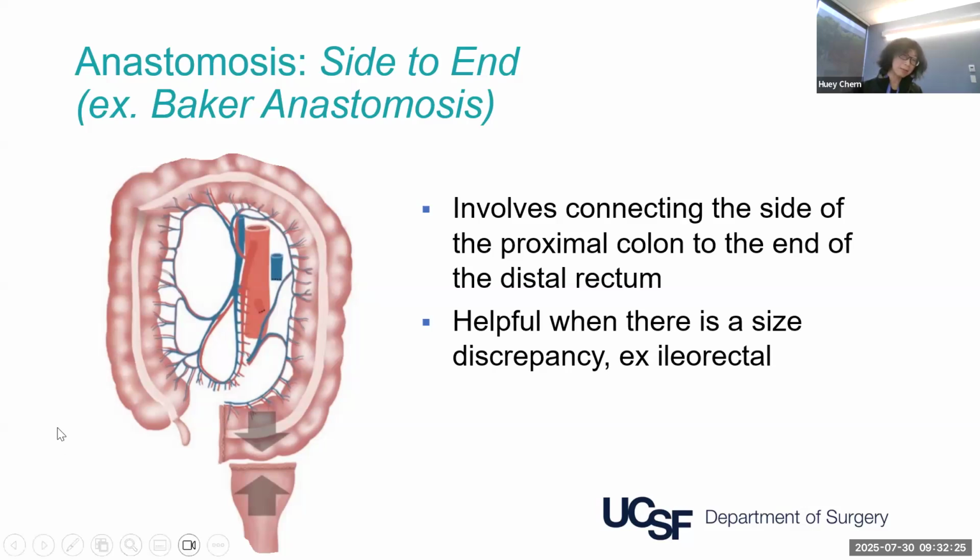Of course, the staple line is not always going to be right against the circular staple anastomosis. There may be a slight couple centimeters, or like 5, so you may have to look into that limb to see the colon in its entirety. So that would be a side-to-end anastomosis.